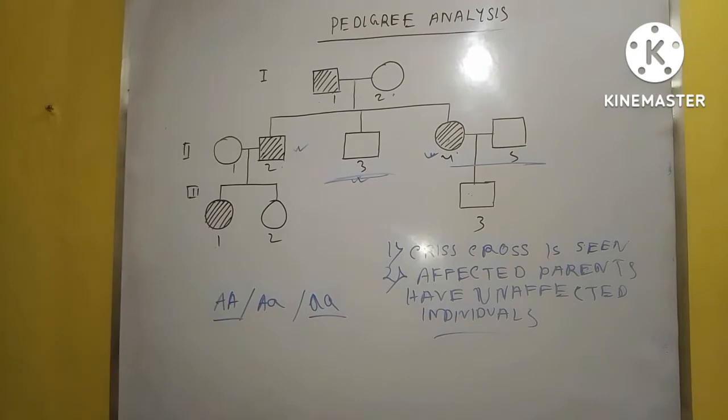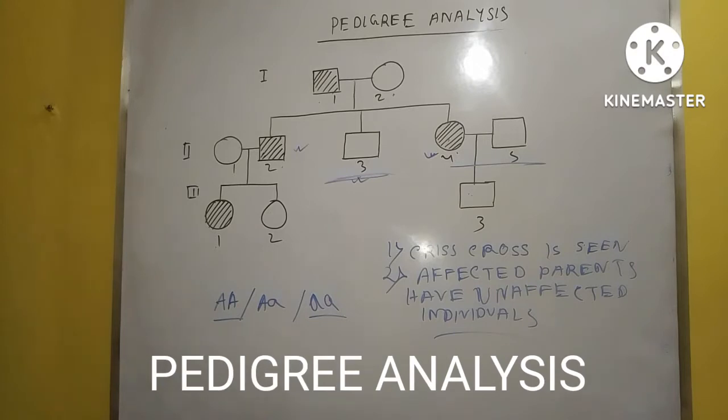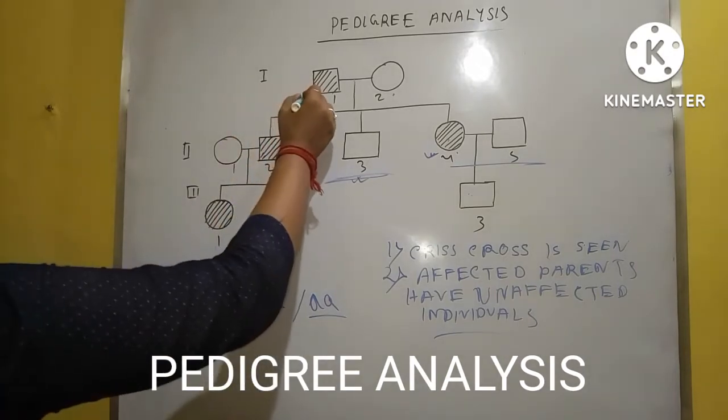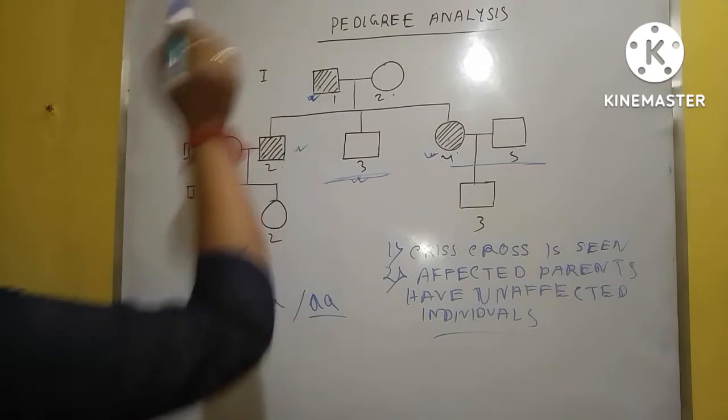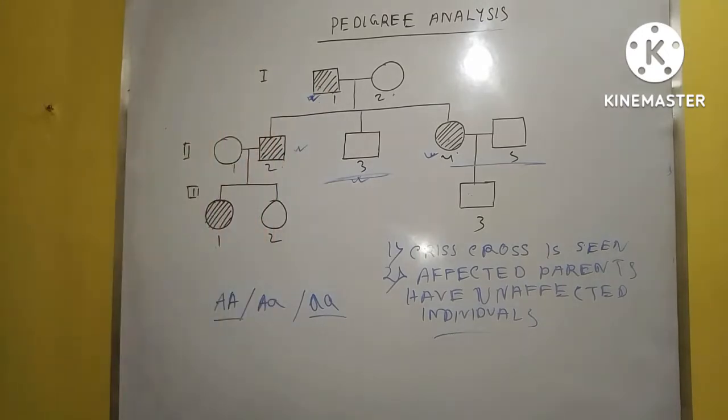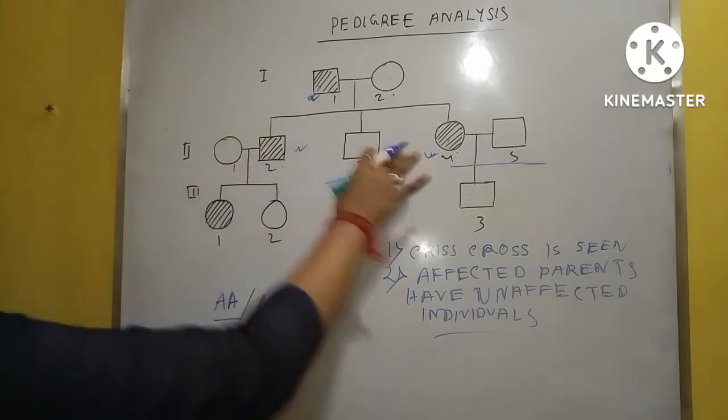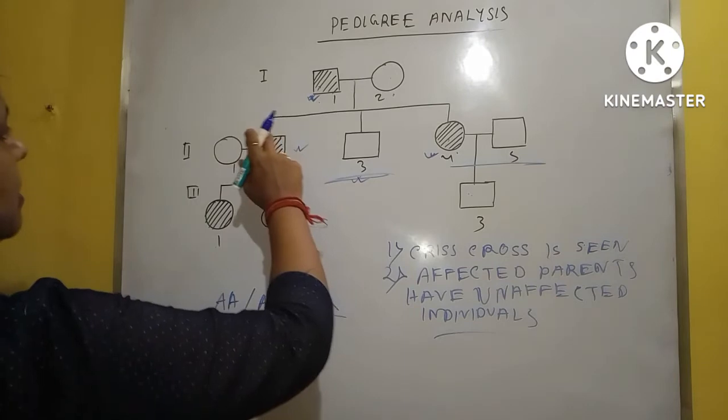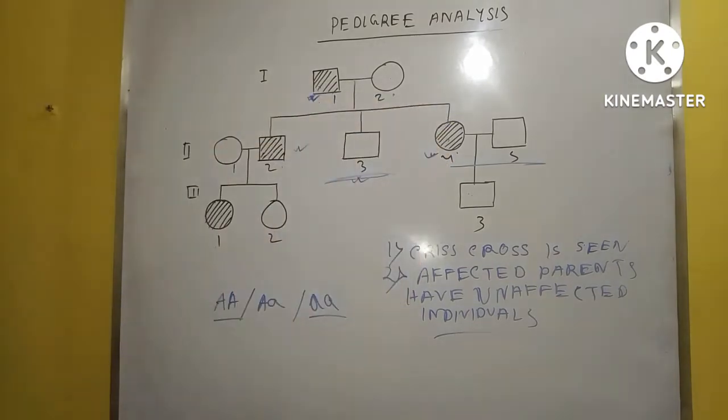In the first generation the father is affected and the mother is not affected. In the second generation, the mother, son and daughter are affected, and in the third generation you can see the daughter is affected.